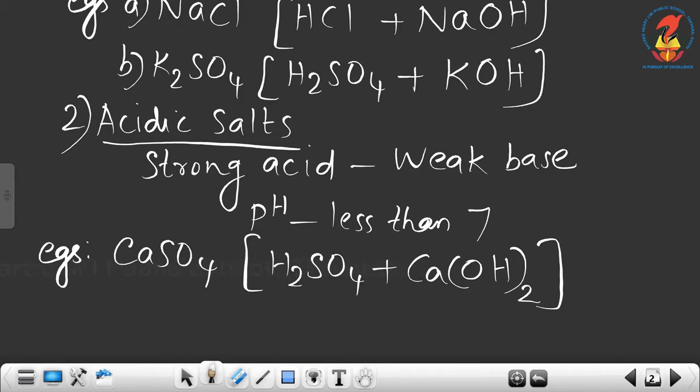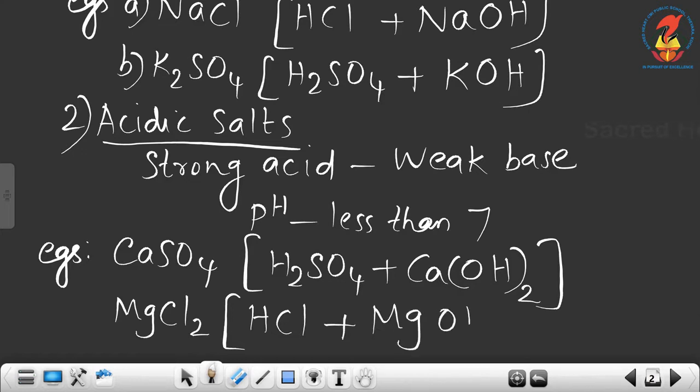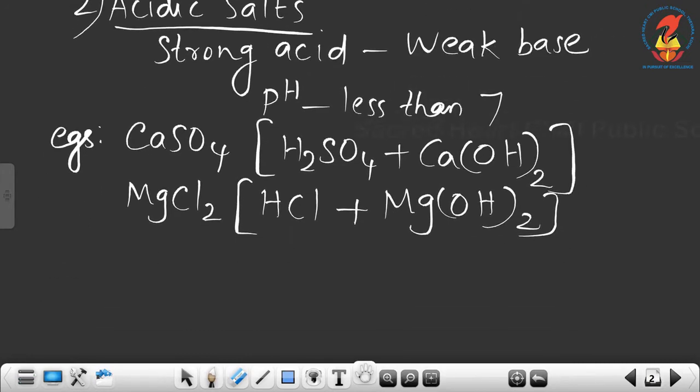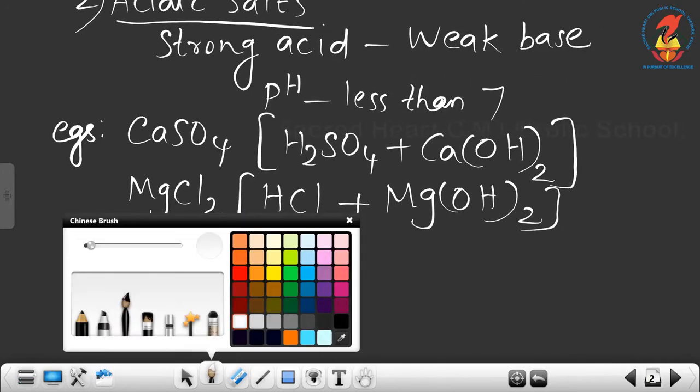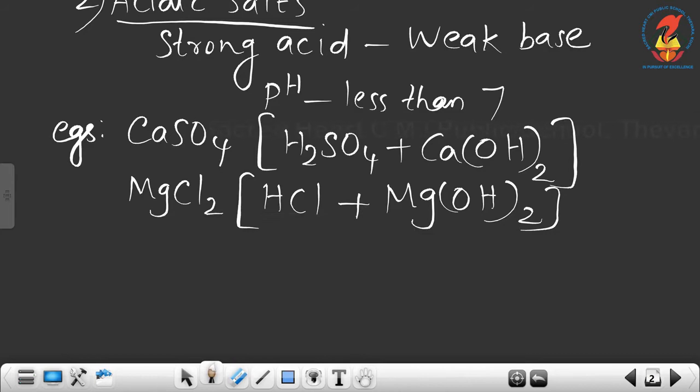Calcium sulfate is formed between sulfuric acid and calcium hydroxide: strong acid, weak base. Second one is magnesium chloride. Chloride is a salt of hydrochloric acid, as I told you. Since it is magnesium, we write the base as Mg(OH)2. Again, strong acid, weak base.